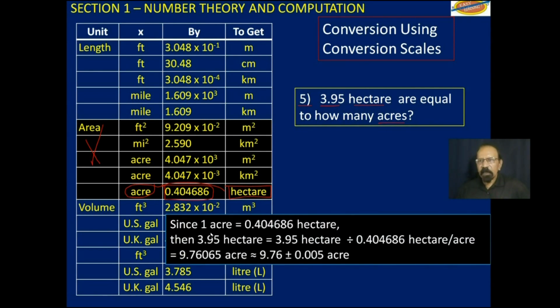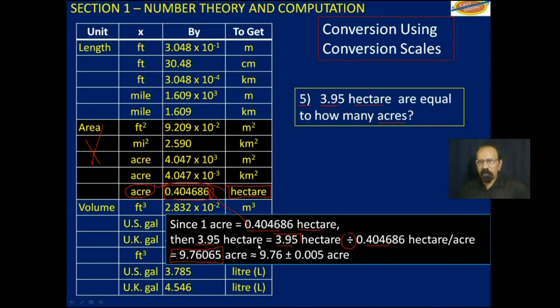Since 1 acre is equal to so many hectares, that is this conversion factor here, then 3.95 hectare will be 3.95 divided by the conversion factor, and we get this amount of acres.